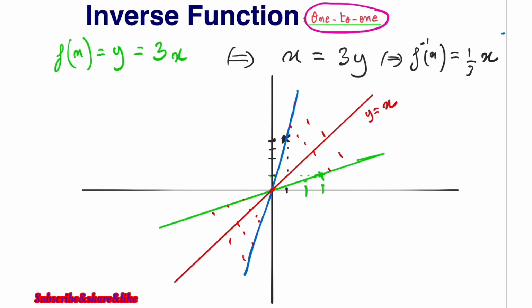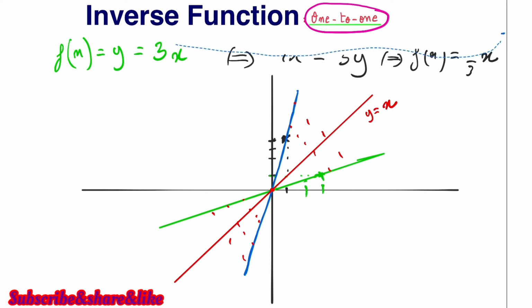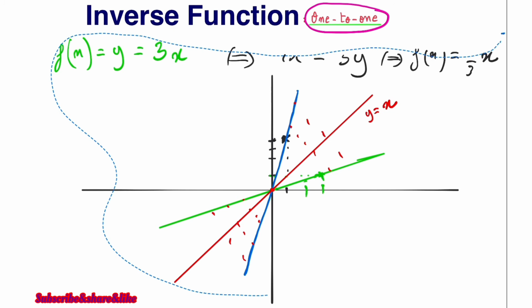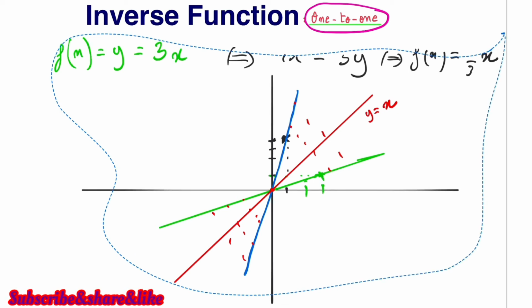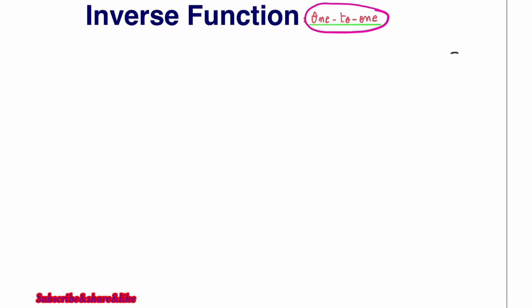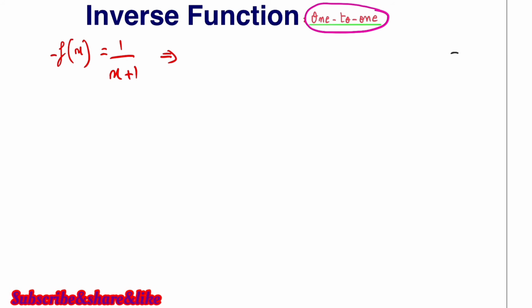And let's now find some inverse functions. We apply the same way we're doing, it will just be a little bit harder. Let's say that f of x is equal to 1 over x plus 1. So we said let's say it is equal to y.